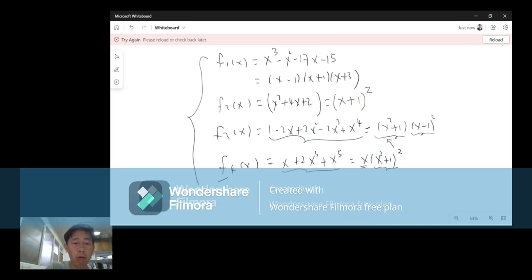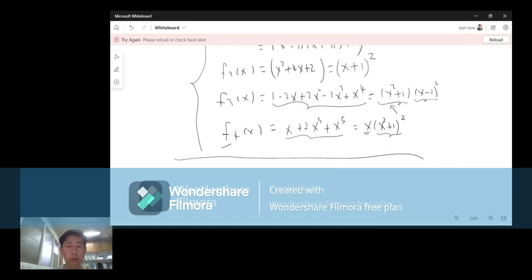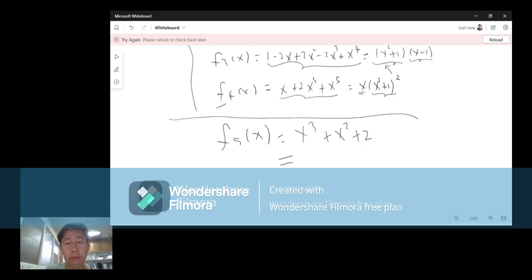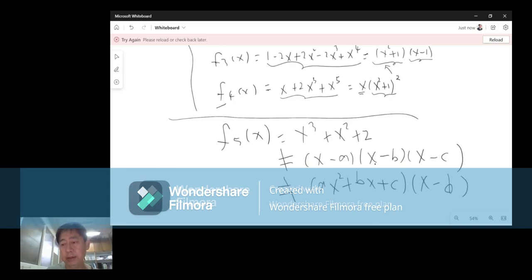But not all polynomial functions can be reduced into products of linear factors and IQF. For example, here, the function f5, x cubed plus x squared plus 2, cannot be reduced into the form of the product of 3 linear factors. It also cannot be expressed as a product of an irreducible quadratic factor times a linear factor.